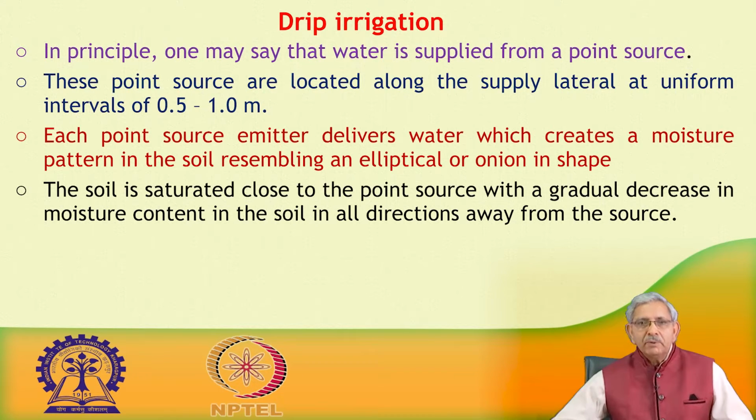The shape will depend upon the soil texture as well as the amount of water, or the rate of flow, being discharged from an emitter. The soil is saturated close to the point source, with a gradual decrease in the moisture content in all directions away from the source of water being supplied.